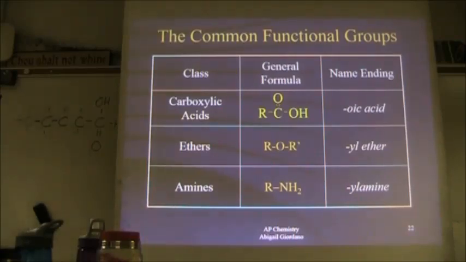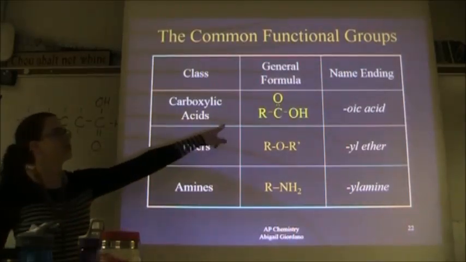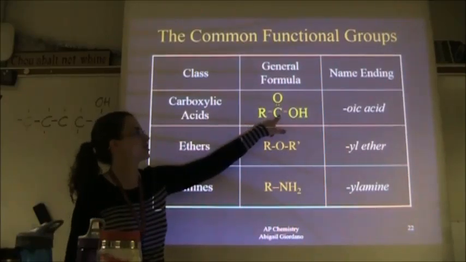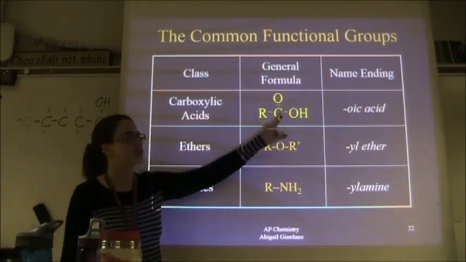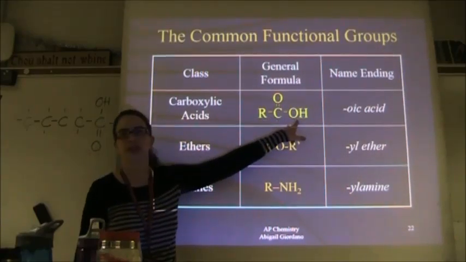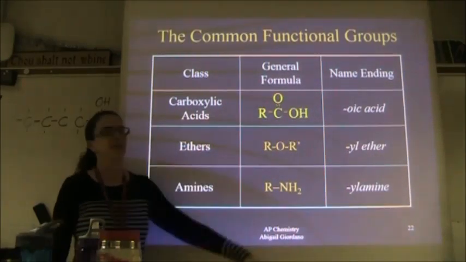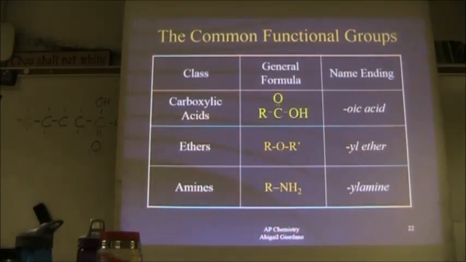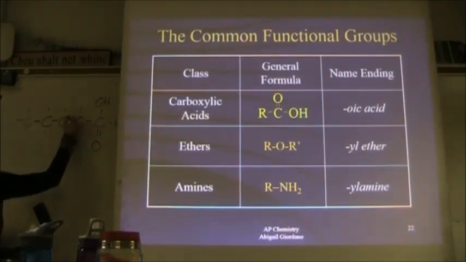So this is still something on the end, but it's not just a C double bonded to O. It's C double bonded to O, and instead of just having a hydrogen in that position, now it's an OH group. It's not an aldehyde anymore. It's called a carboxylic acid. Oh, I forgot to draw that bond in there.